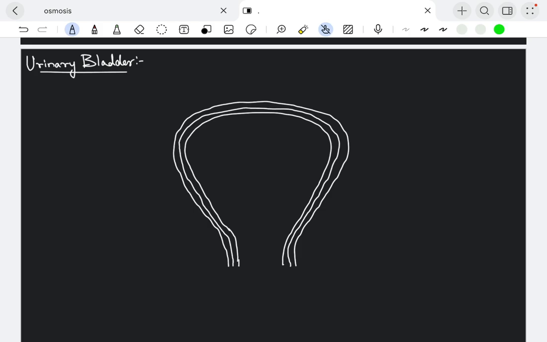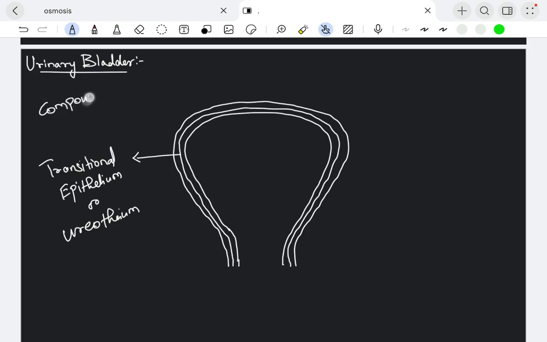Okay, so this is the urinary bladder, and the layer in between the two layers is called transitional epithelium, also known as urothelium. This is called compound epithelium.